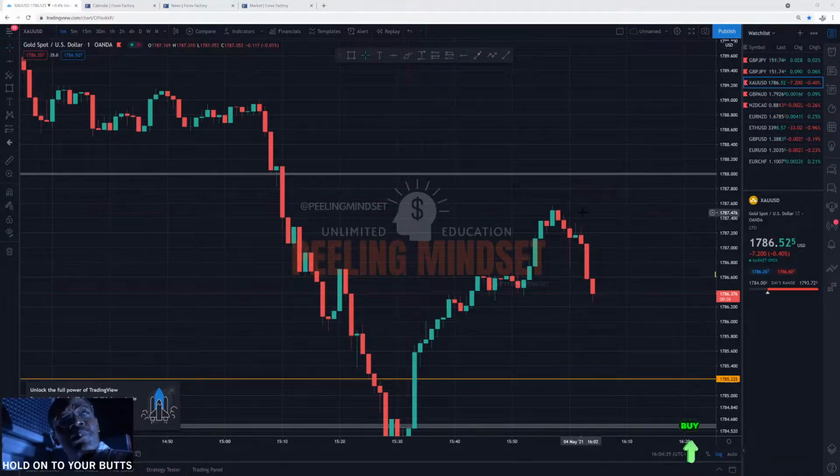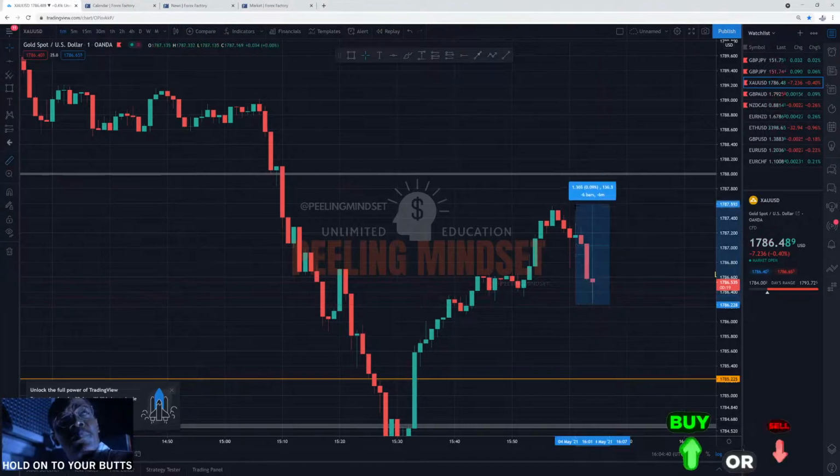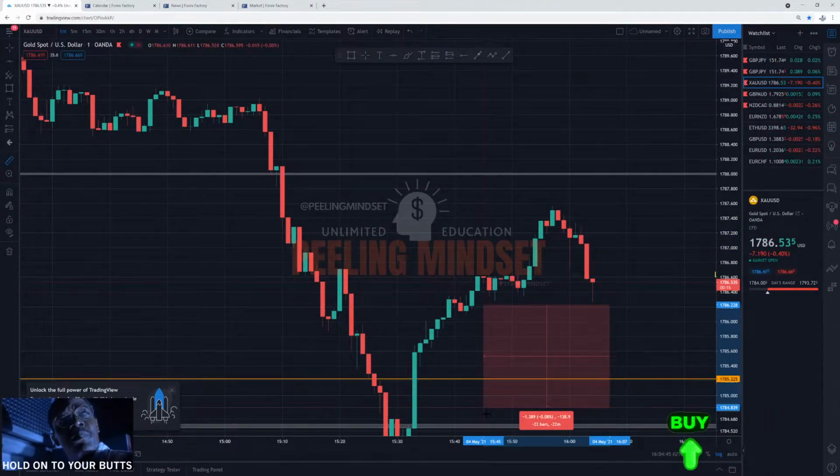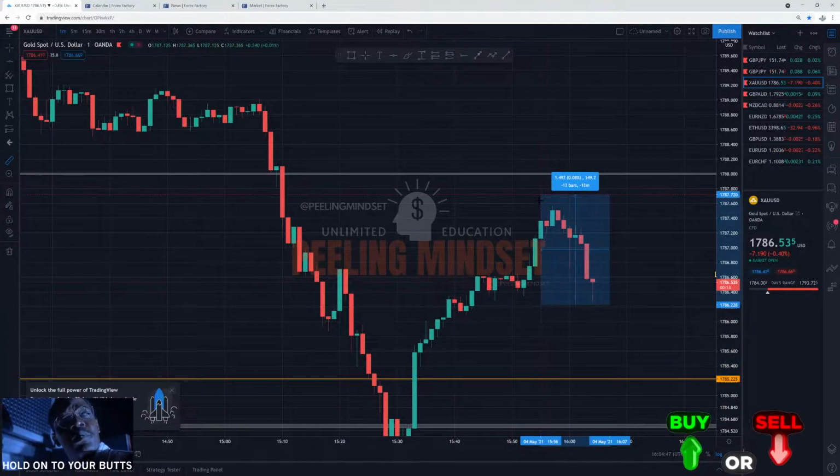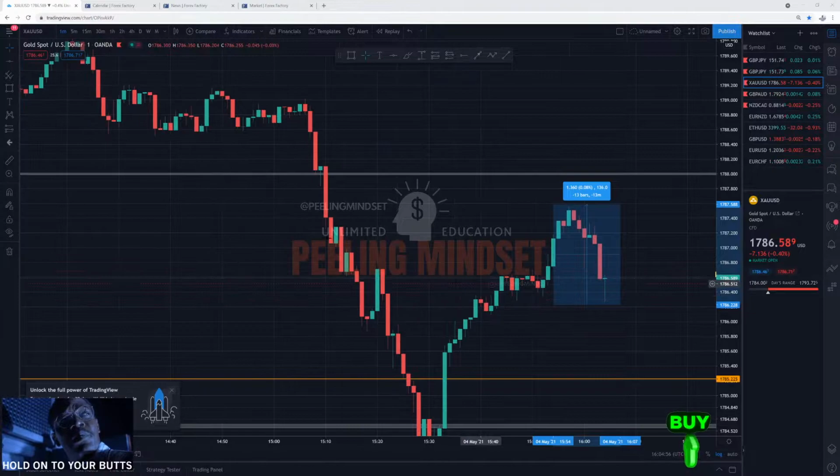And the stop loss is going to be above here. Stop is going to be 12 to 13 pips up from the position. Let's see what happens.